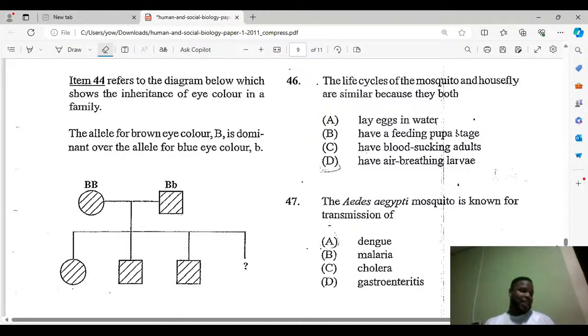Who can tell me another disease that Aedes aegypti mosquito carries, apart from dengue? Chicken something. I think you're trying to say chikungunya. The chikungunya virus, that's what you're trying to say?